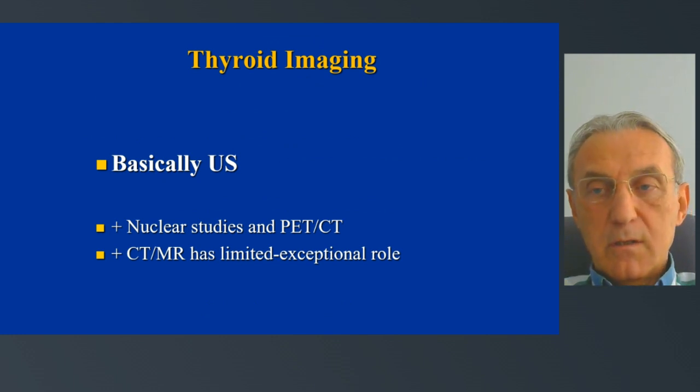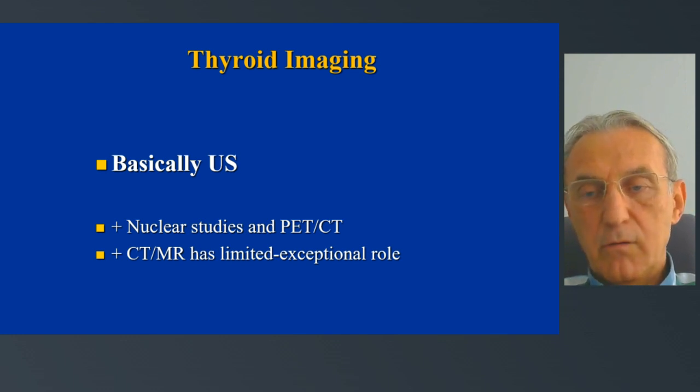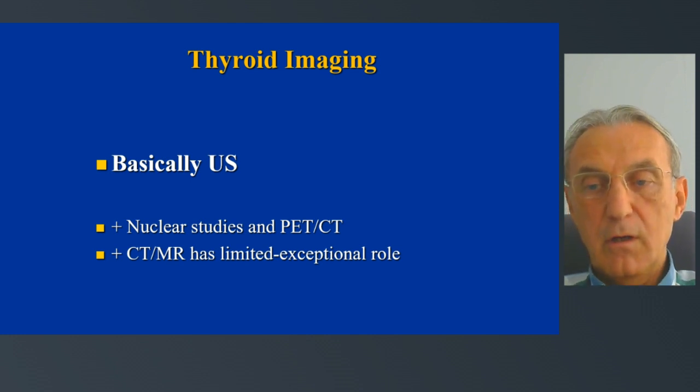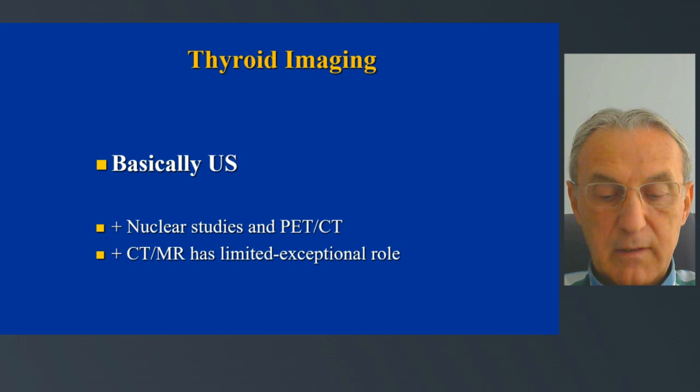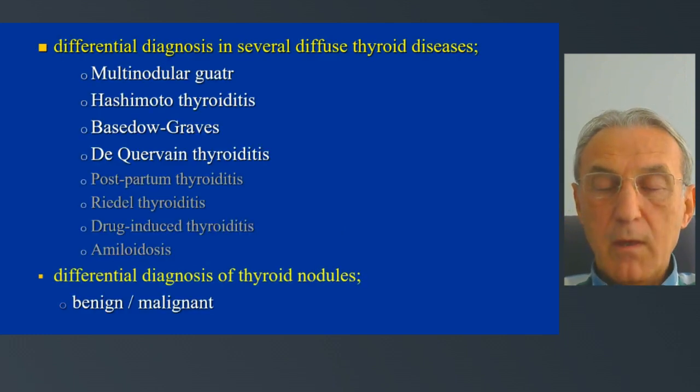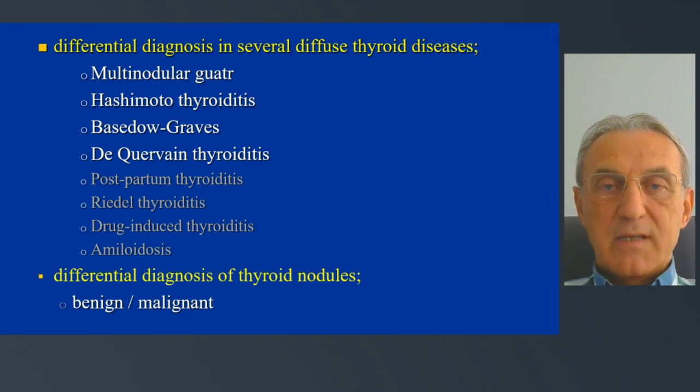Thyroid imaging basically relies on ultrasound, and PET-CT or other nuclear studies are seldom used nowadays. CT and MRI, computed tomography and magnetic resonance imaging, also have a limited or exceptional role in thyroid imaging. So how can we do the differential diagnosis in several diffuse thyroid diseases?